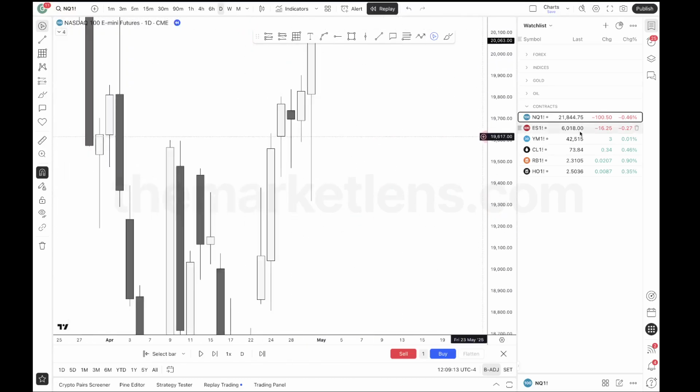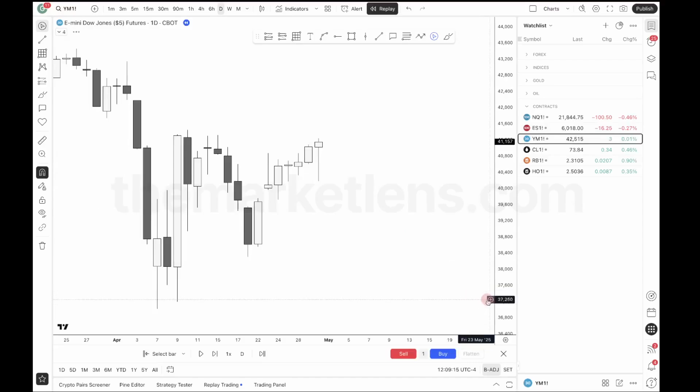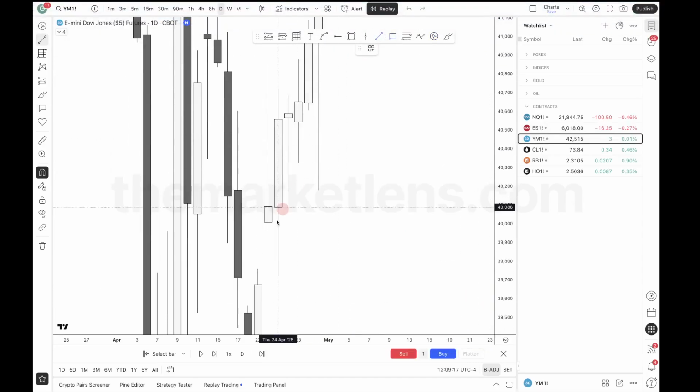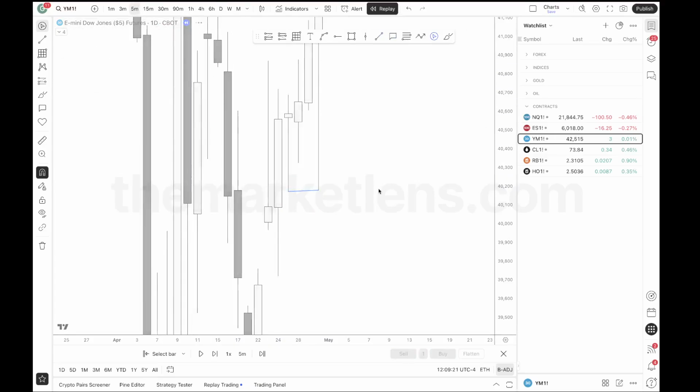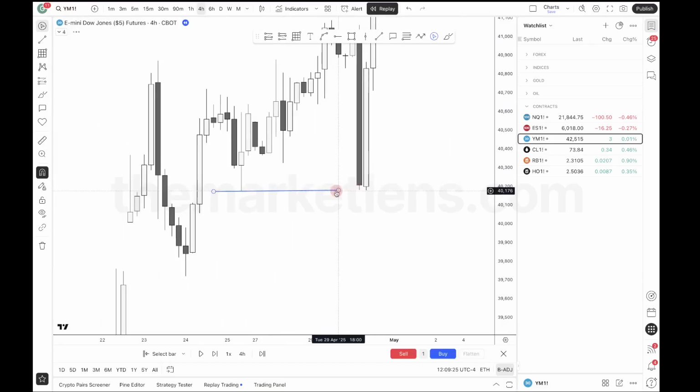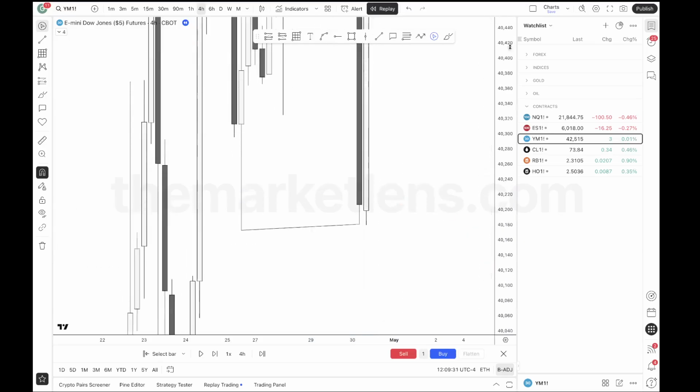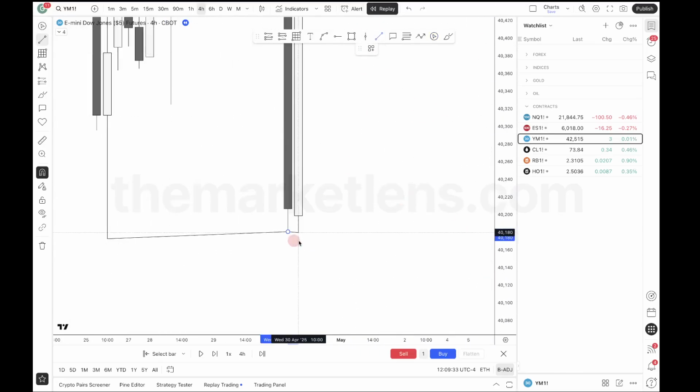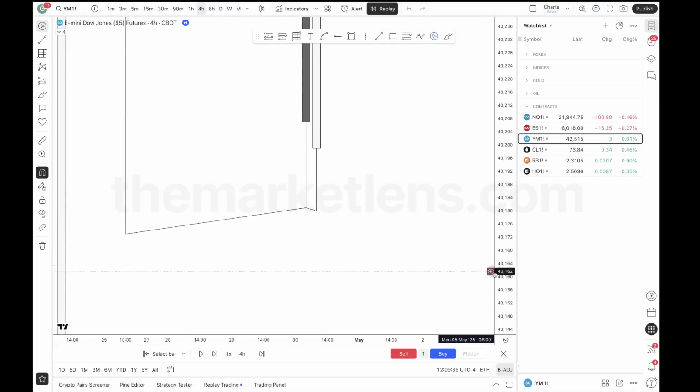So if you look here on YM, you have this divergence. If I go to a lower time frame, it can be with previous candles' lows. It doesn't matter, because this previous candle's low is just a low on a lower time frame. You see how it creates this divergence here?